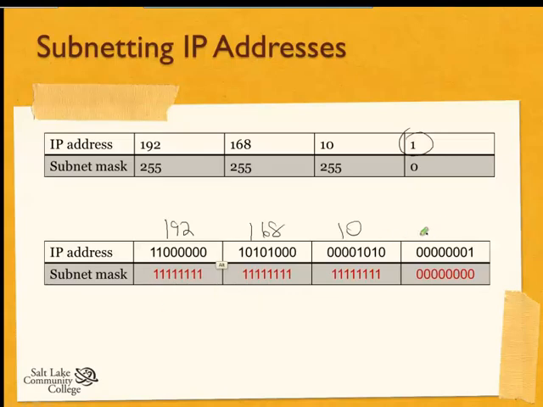So in this case, 0 is the first possibility. So our network number, the subnet number, is 192.168.10.0 with a /24 mask. Remember, 8 bits on, 8 bits on, 8 bits on equals 24.